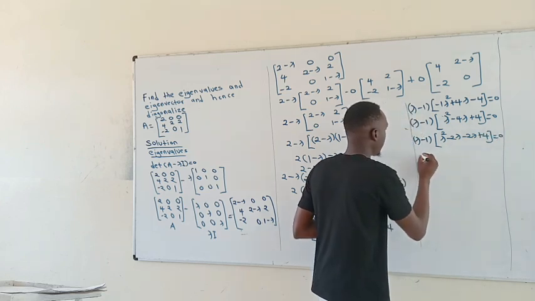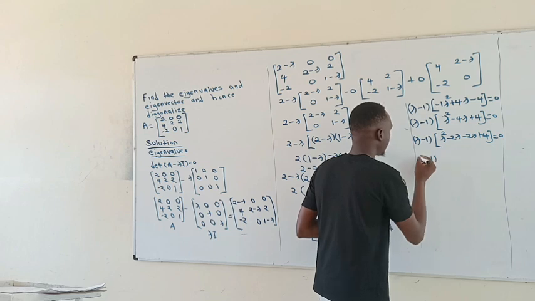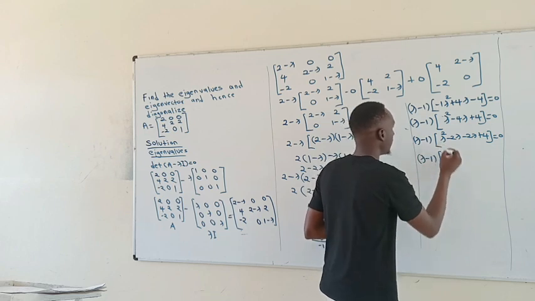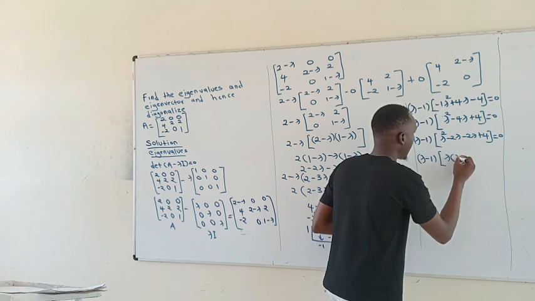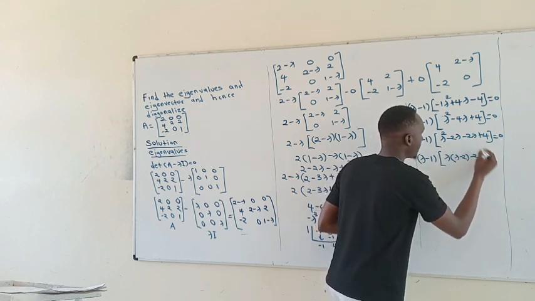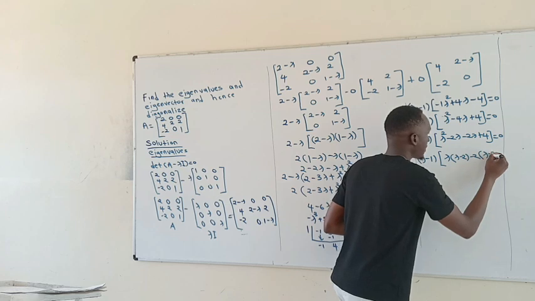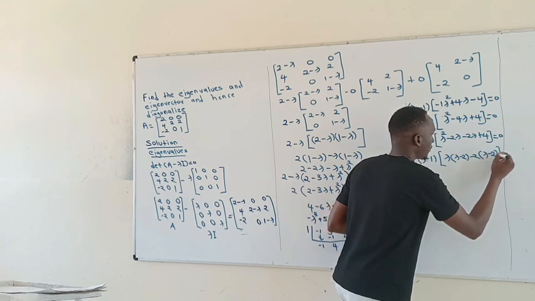Now we factorize: we have lambda minus 1 into lambda into lambda minus 2, then minus 2 into lambda minus 2, should give us 0.